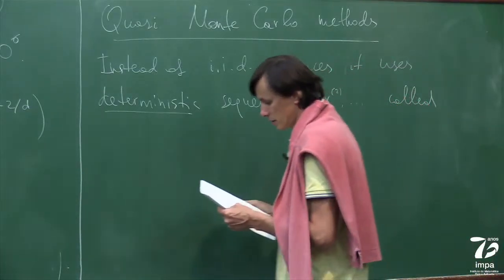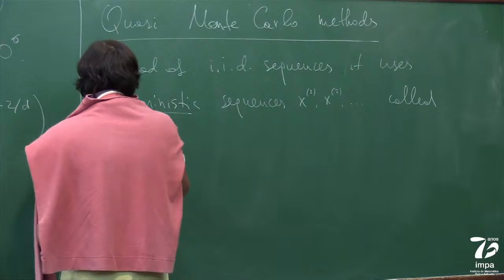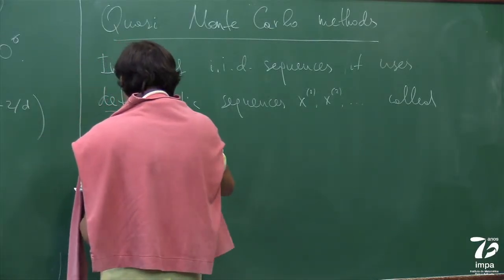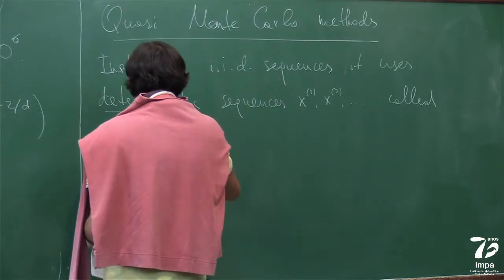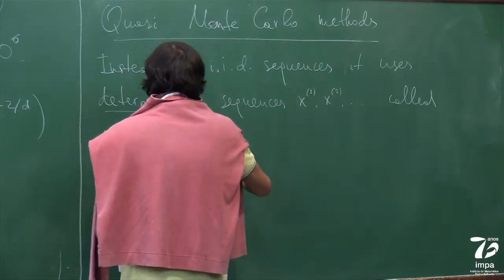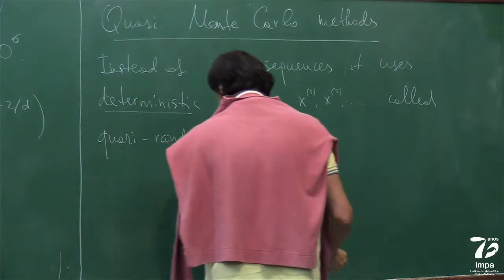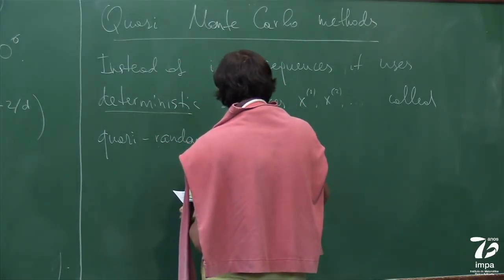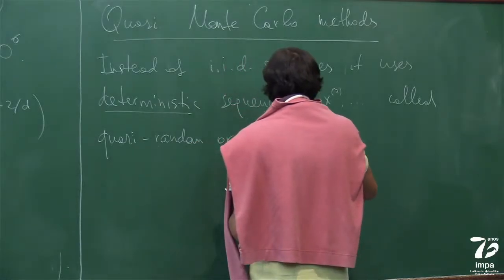They're called quasi-random. Or another name is the sequence of low discrepancy.